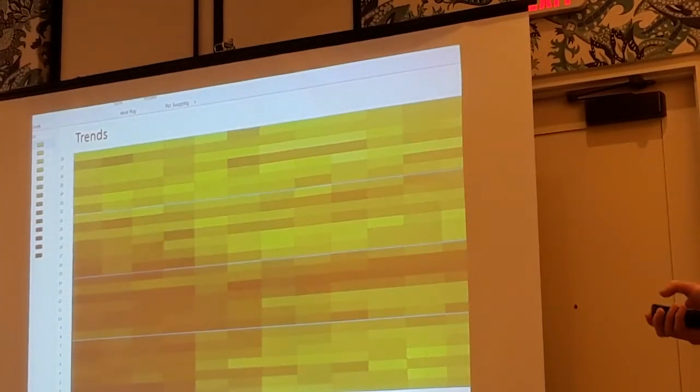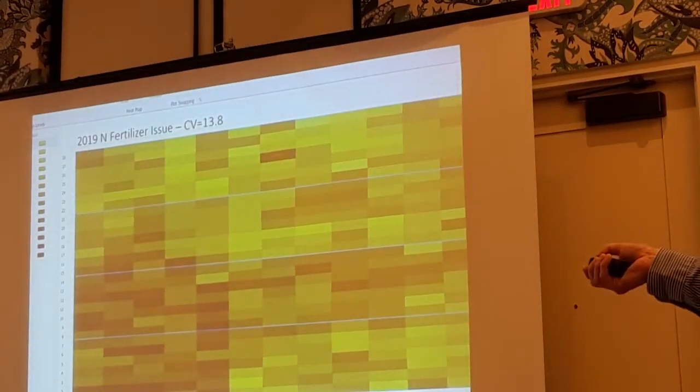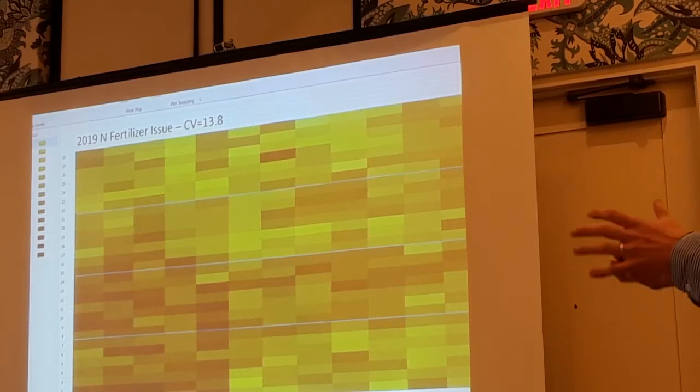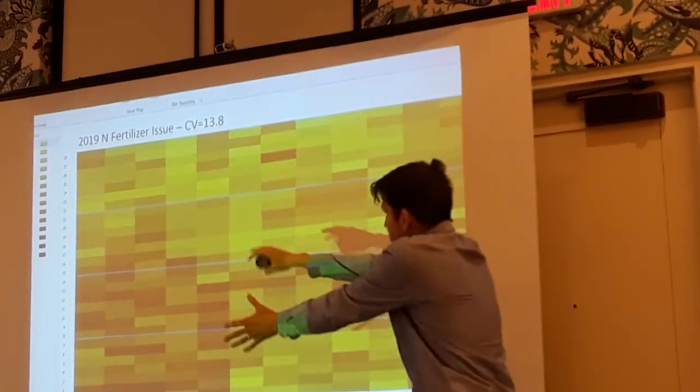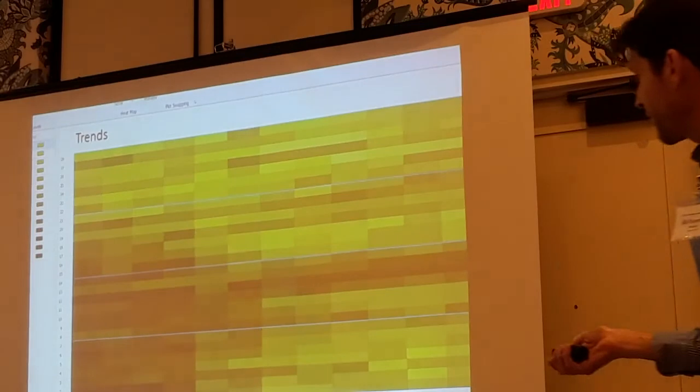So the original data I showed you looked very similar to this, and I guess the original data set, which was just a heat map of my yields, Agribase creates a trend file, and it creates a map that looks similar to this, but you see more of the shading just in one area, and it's kind of identifying the field and what's really going on.